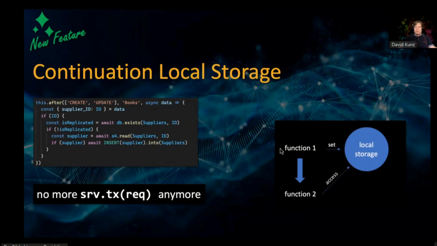And it allows you to have a local storage for your continuation. A continuation is something like function 1 calls function 2, and it can be an async call or a synchronous call. And you can create these local storages, which all those called functions have access to. It's quite neat and reduces a lot of boilerplate without you even knowing.